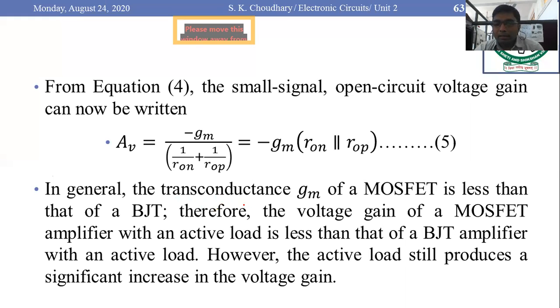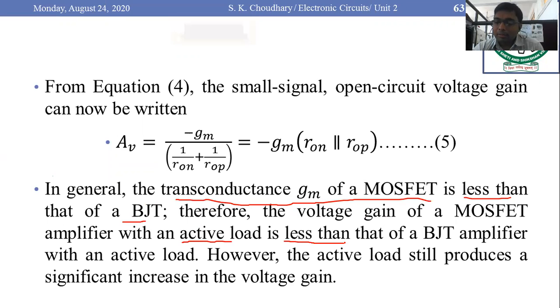We know that the transconductance of a MOSFET is always less than that of a BJT. This means the voltage gain of a MOSFET amplifier with active load is less than that of a BJT amplifier with active load. However, the active load still produces a significant increase in the voltage gain.